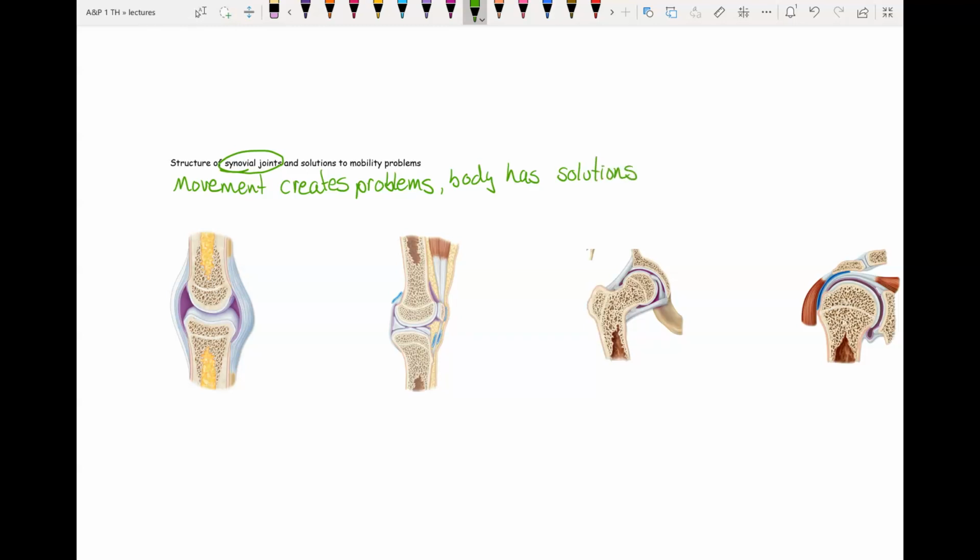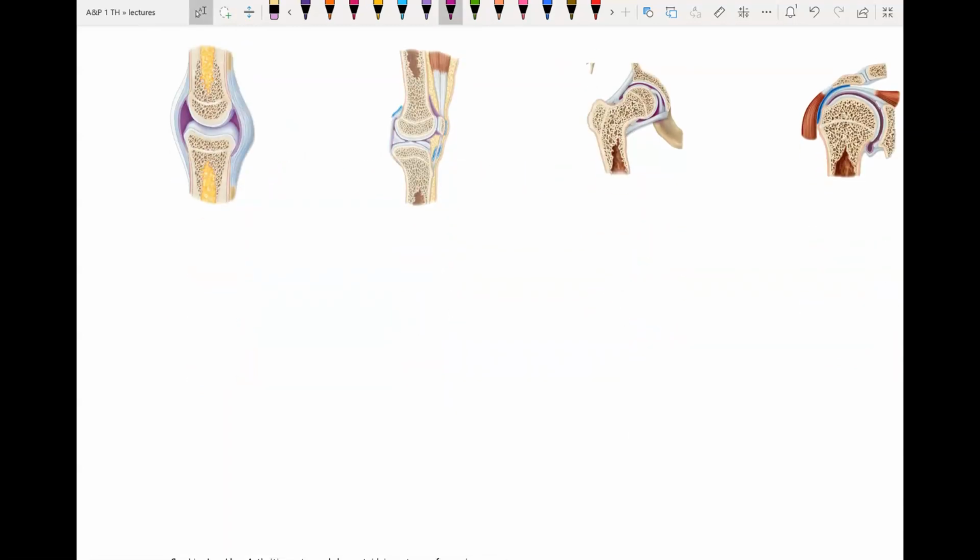We're going to see what kind of problems they face due to their movement, and then we're going to see how they deal with those problems. So we're going to have 3 different problems. Whenever you have movement, you get friction. So friction is a problem that occurs in synovial joints. Also, because of this movement, you have impact.